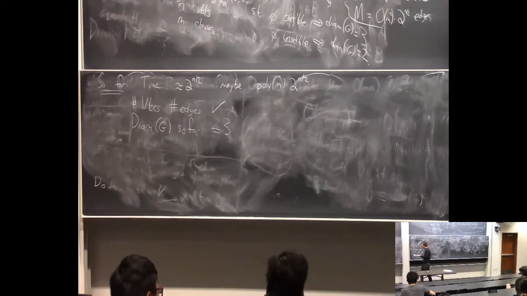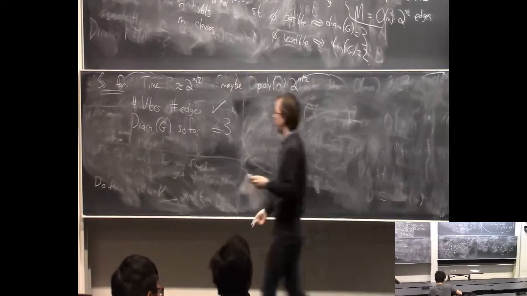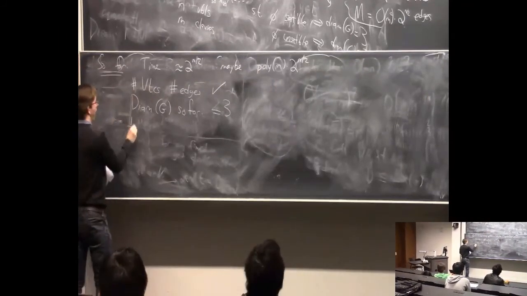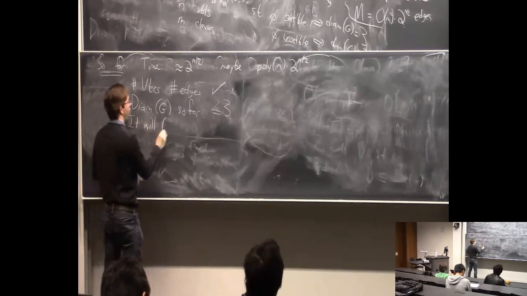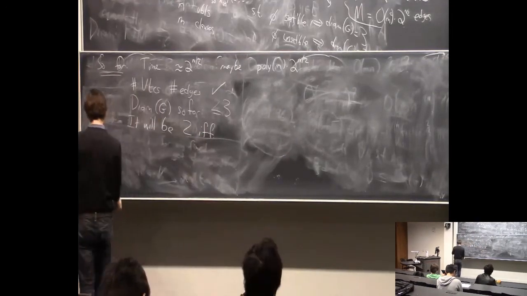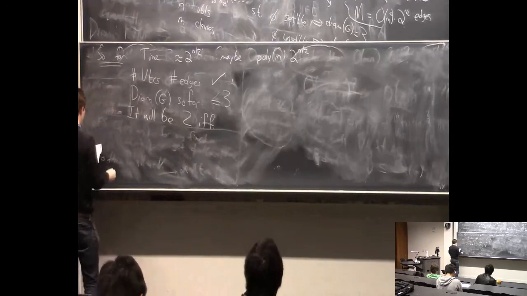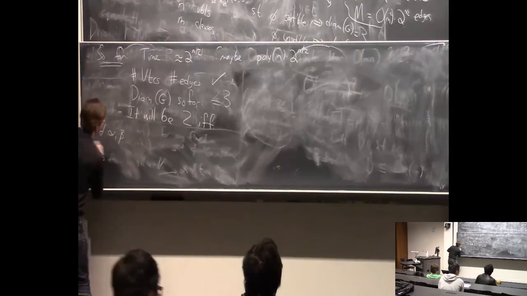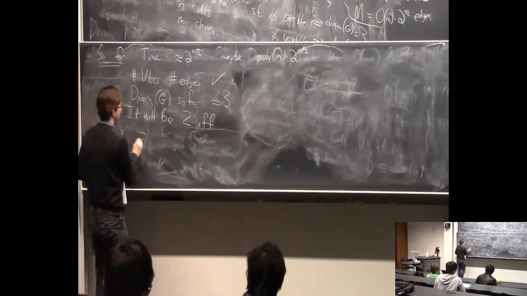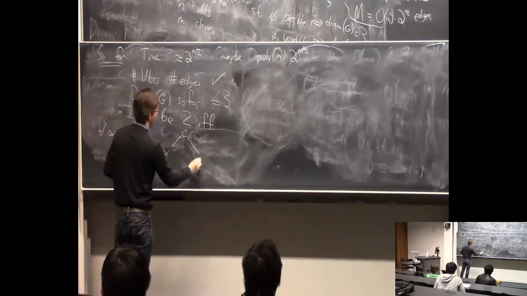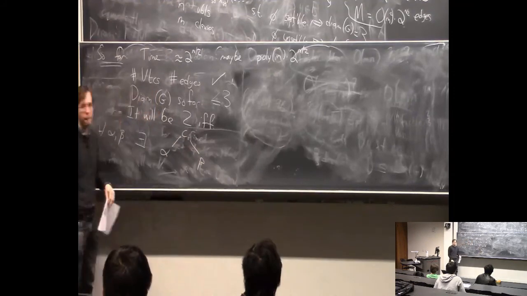OK, so let me write that. It will be 2 if and only if, basically for all alpha on the left and beta on the right, there exists some path that looks like this. Alpha goes up to one particular clause, Ci, and there's also the edge down to beta.